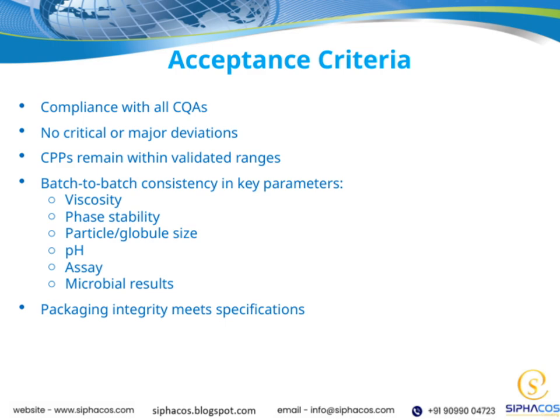All these factors are evaluated against strict acceptance criteria to maintain quality standards. Overall, maintaining this level of consistency and compliance is fundamental to our commitment to delivering safe, effective, and high-quality products.